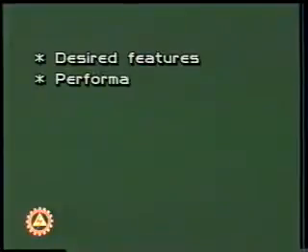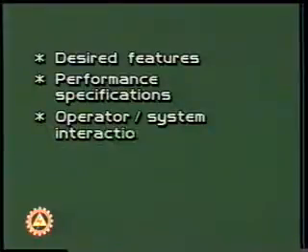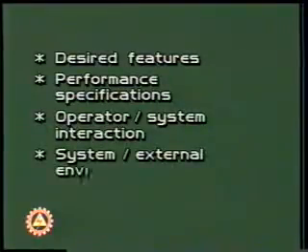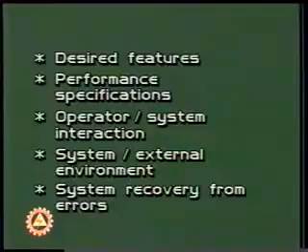So far, we have covered the requirements definition for our system. In this, we have discussed the desired features of the system, how the operator is going to interact with the system, how the system is going to interact with its environment, how the faults are diagnosed, and also what the design constraints are. Now, the microprocessor-based temperature controller is an improved version of analog controllers.